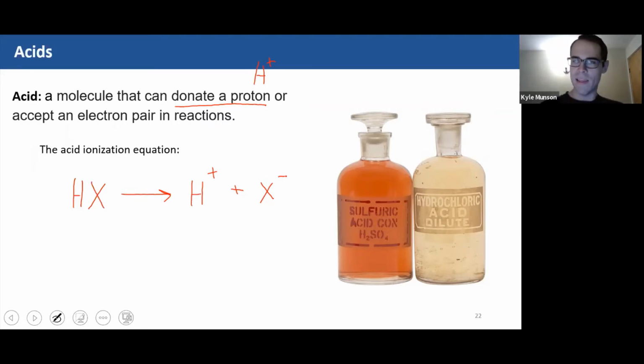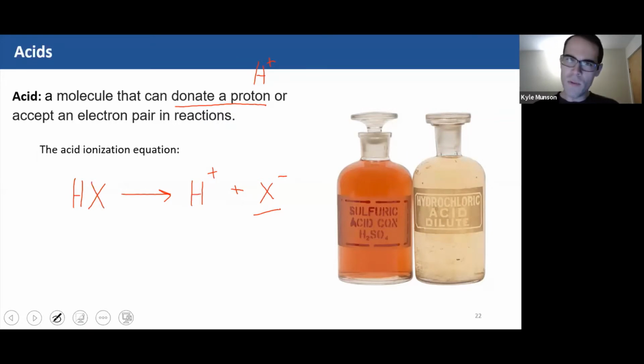So it gets rid of the positive proton, it's going to get a negative charge. The anion is here. So this is what's going on during the reaction, the ionization equation, I should say. The molecule or the acid is giving up a proton or donating a proton.